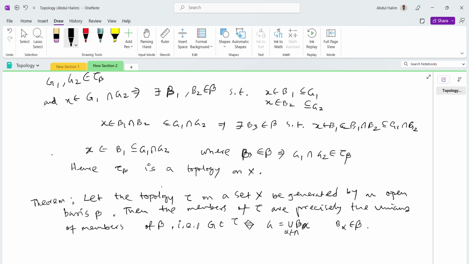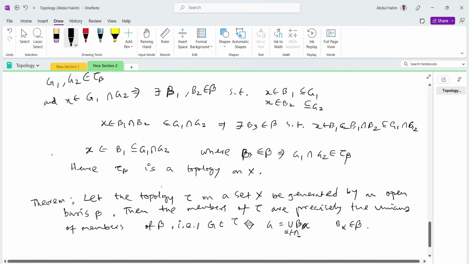That is, let G belong to tau. Then G is equal to the union of B alpha, the collection for alpha belonging to the index set, where each B alpha belongs to beta.